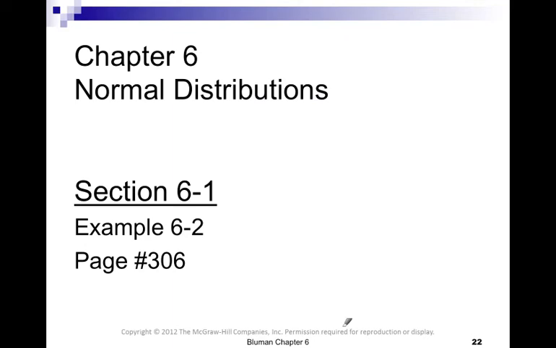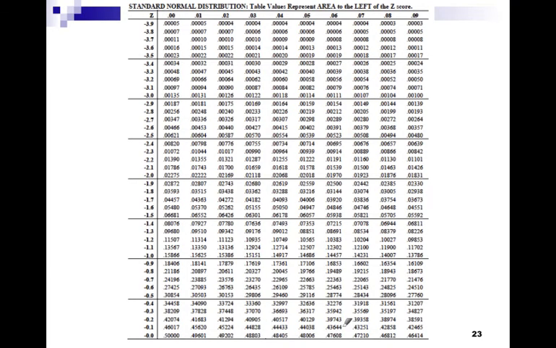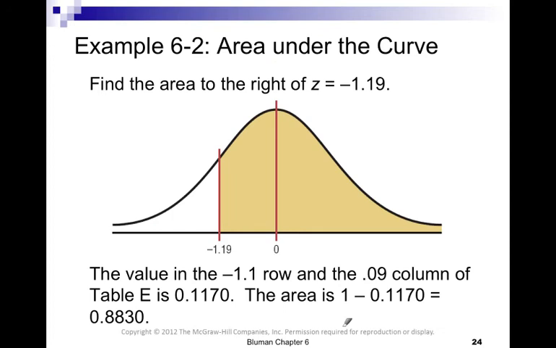Now we're going to do number 6.2 on page 306. This says we want to the right of negative 1.19, but the key is we want to the right, all this to the right. Well, what the table's going to give us is this. Remember, it gives us the area to the left. So let's look that up. We've got to go negative 1.19. So let's go back.